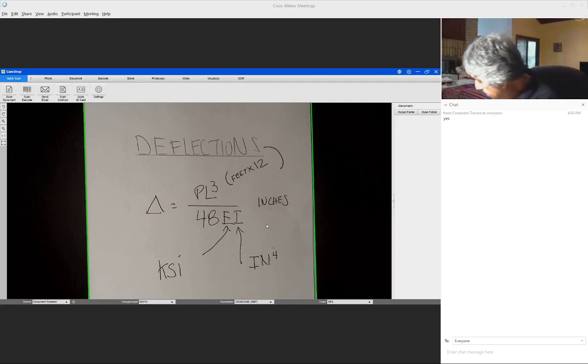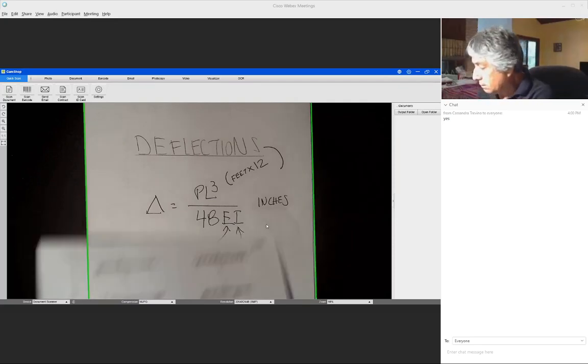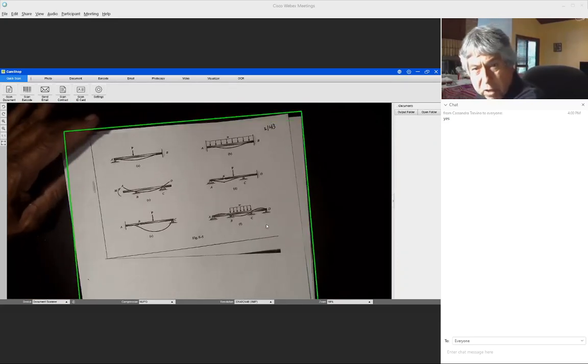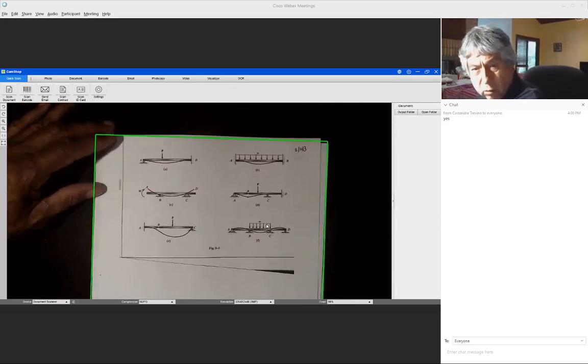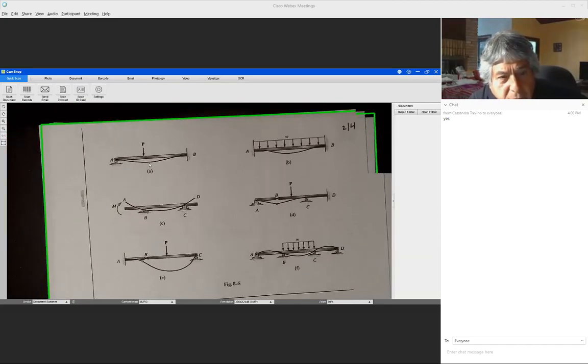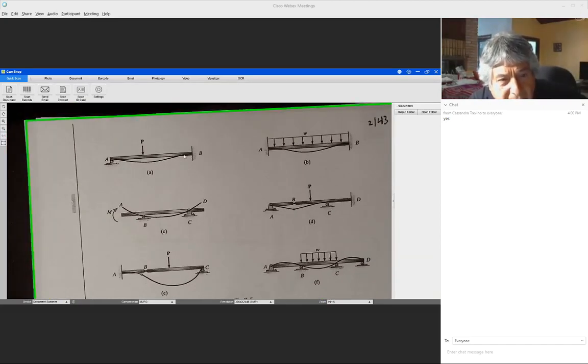The other day I went over this and I put it again to show you. This is page 2 of the notes that I put in Blackboard. Whenever we're doing deflection, we look at the elastic curve, how the beam or how the frame is going to deform.